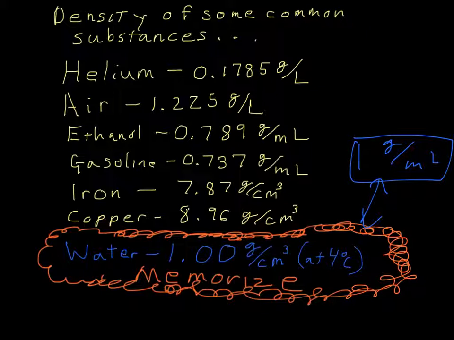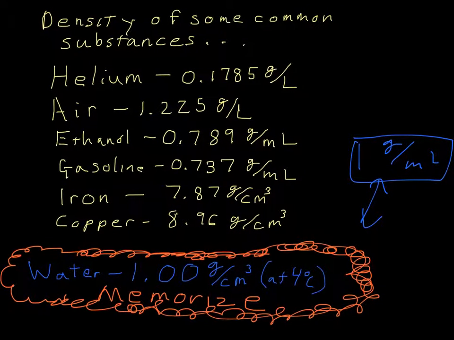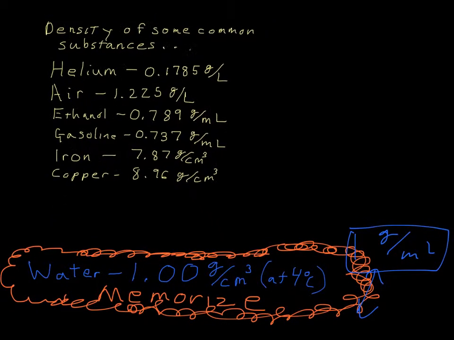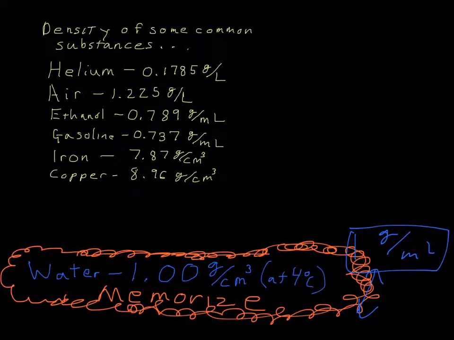All right, as long as we're looking at these densities, now's a perfect time to talk about one of the things we know about a substance by looking at its density, or something we can know by looking at two substances' densities. Have you ever stopped to consider why it is that helium balloons go up?